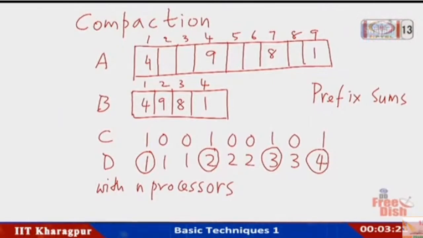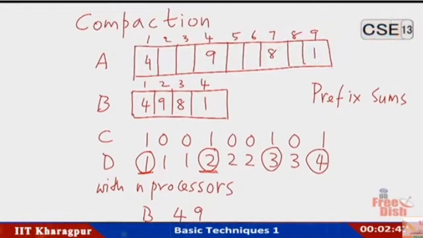So the processor that is sitting on the first element of D will copy the corresponding element, which is 4, into the first location of B. So B is going to contain 4 in its first location. The processor which is occupying the 4th position in array D will take the corresponding element and copy it to the second position here, which is the value that D4 contains. So 9 will occupy the second position of B.